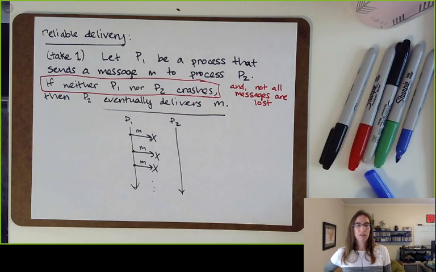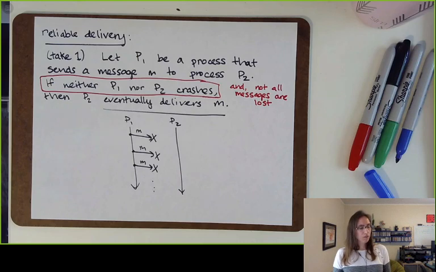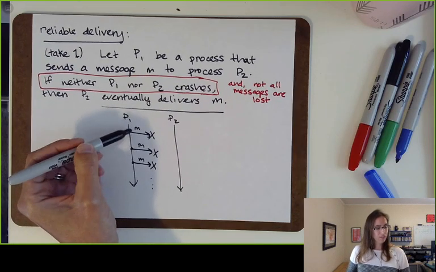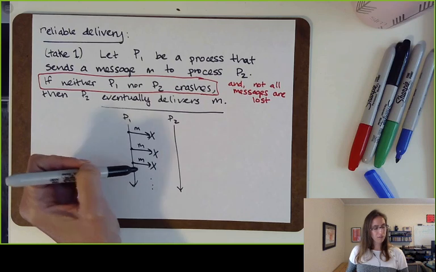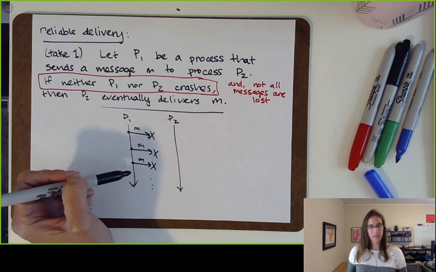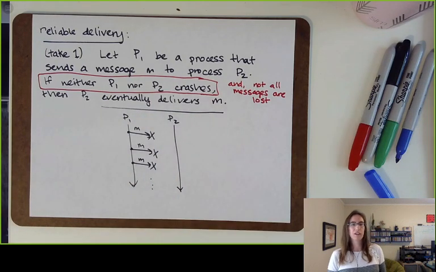Here's a question. What about if we were in deadlock? Then reliable delivery cannot occur. Okay, so in other words, if process 1 can't send messages because it's waiting on something from process 2, and I'm not sure if I understand the question exactly.